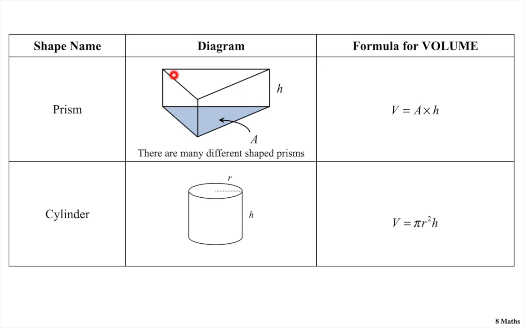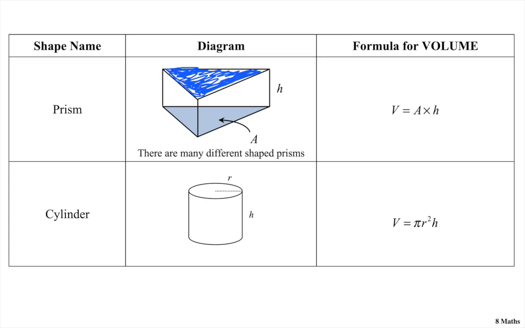So if I look at this diagram here, I've got a shaded triangle on the bottom. I also could shade that triangle on the top, which means I now have a top and a bottom that are the same shape as each other. All of the sides that join those two shapes are straight, that's now a prism.